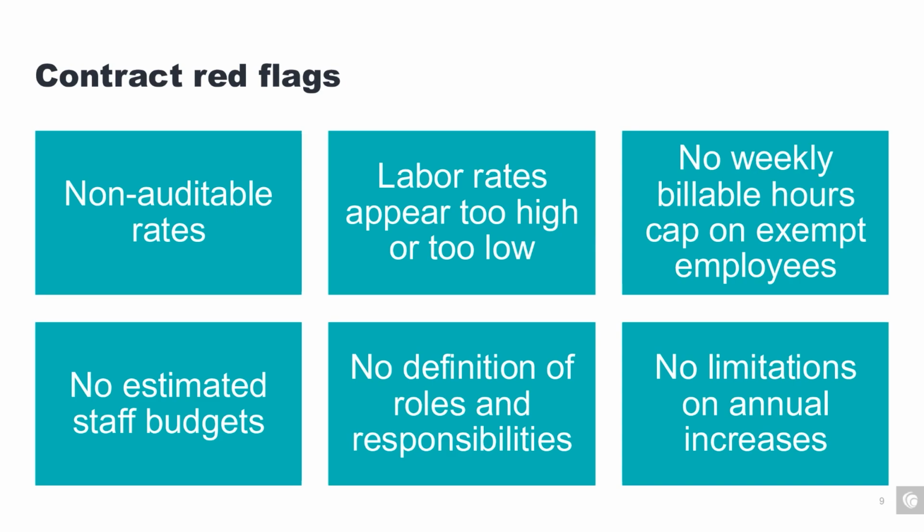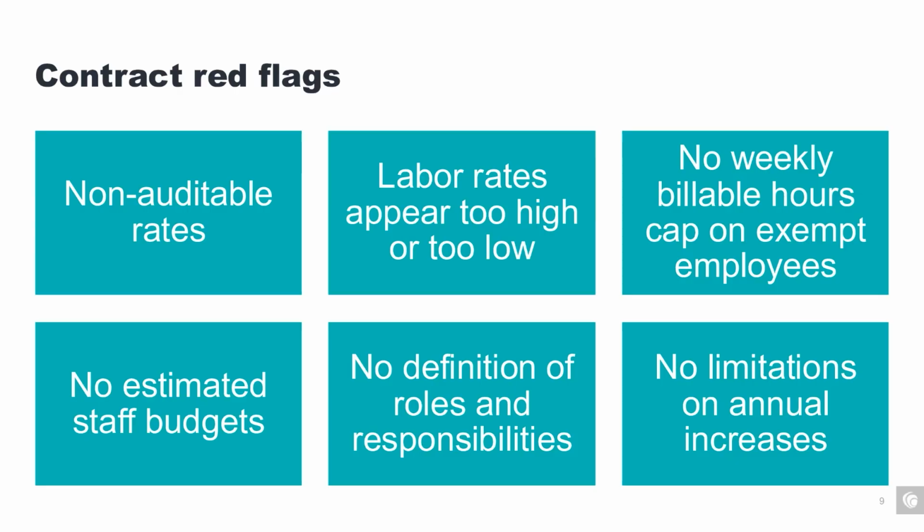Rates that seem unusually high or low should trigger additional scrutiny as well. Excessively high rates may indicate hidden markups or misclassification of roles, while very low rates could signal underpayment or non-compliance with prevailing wage laws. So this should trigger additional review, such as a labor rate decomposition.